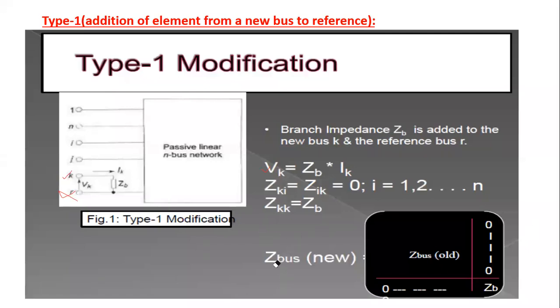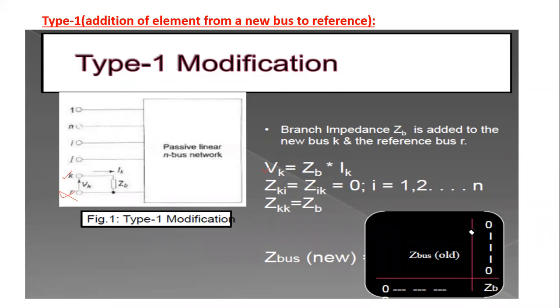Then we write the Z bus new matrix. Z bus new is Z bus old, 0, 0 and ZB.